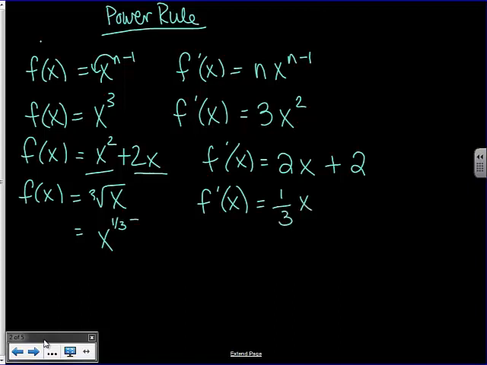Now again, we have to subtract 1 from 1/3. 1/3 minus 1 is negative 2/3. But I can't have that negative exponent. So I rewrite that as 1 all over 3 times x raised to the 2/3. That is my answer.